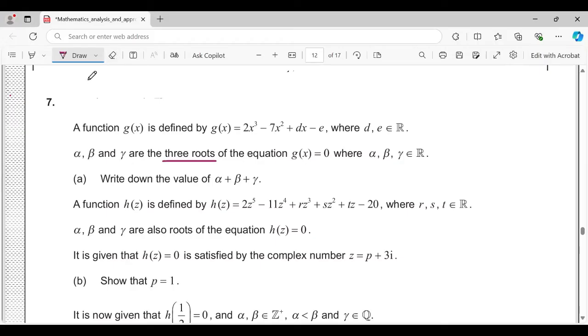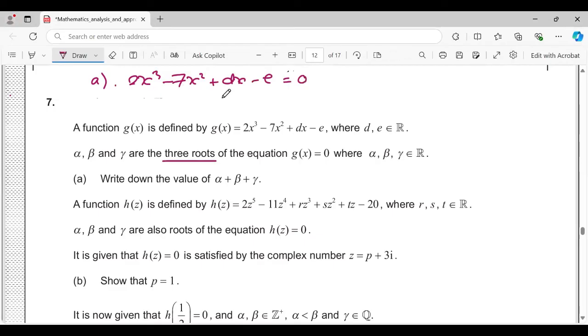Okay, I'm going to write the solution here. This is a cubic equation, 2x cubed minus 7x squared plus dx minus e equals 0.